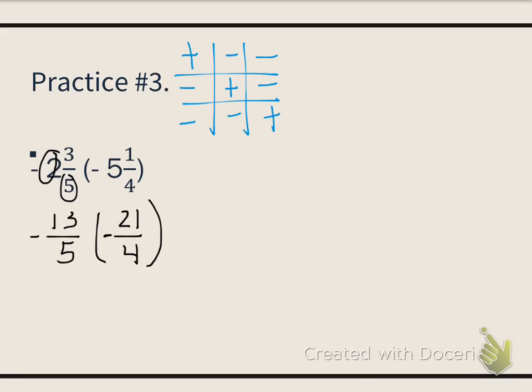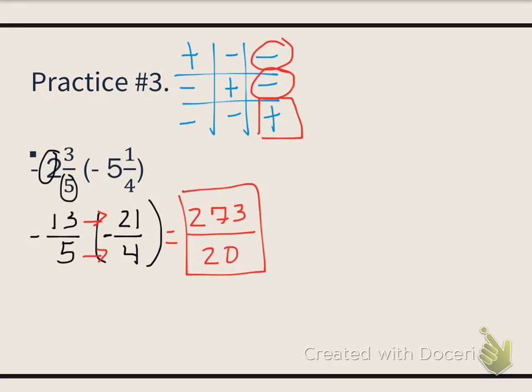So, that's the first step, to convert them to improper fractions. Now we multiply fractions. If you remember our rules for multiplying fractions, it's the most simple one to remember. We just multiply straight across. So we have 13 times 21, which is 273, over 5 times 4, which is 20. Then we have a negative times a negative, which is a positive.